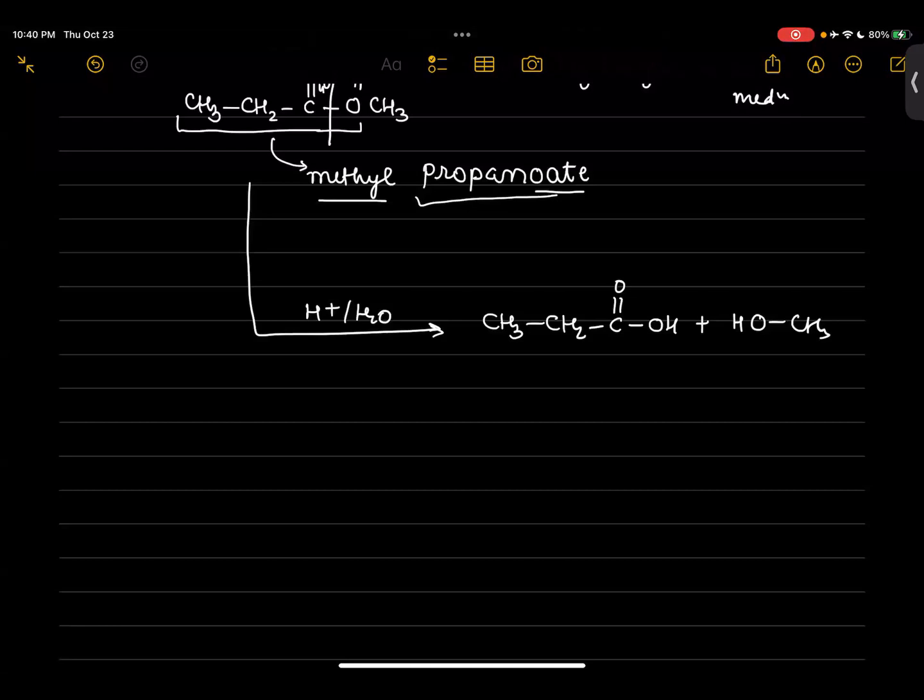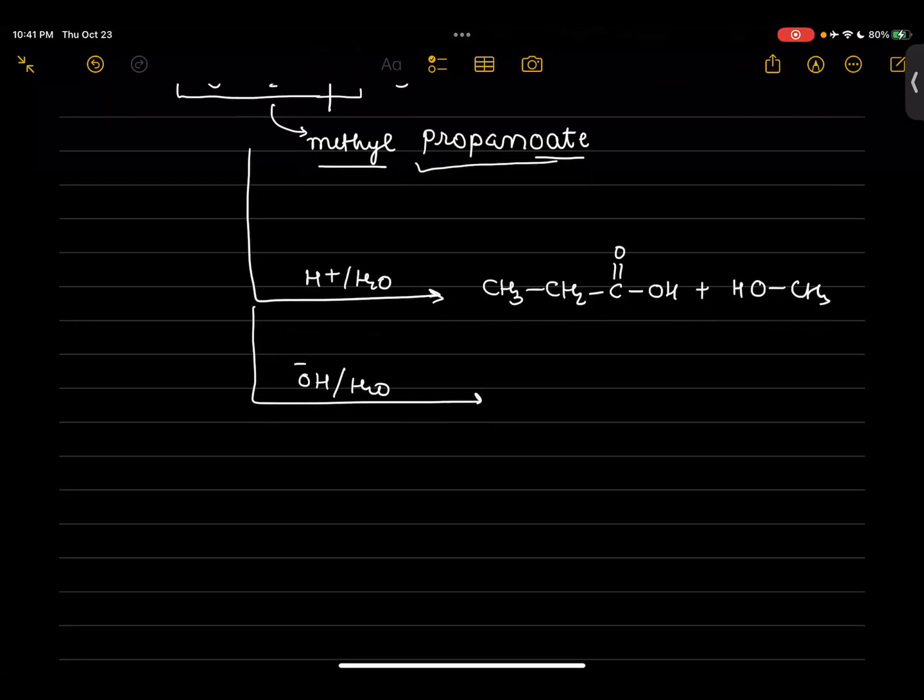Okay, so esters can be hydrolyzed in basic medium also. Is it clear? And it has a special name, base catalyzed hydrolysis of esters. The product will be very much similar. What is that hydrolysis process known as?